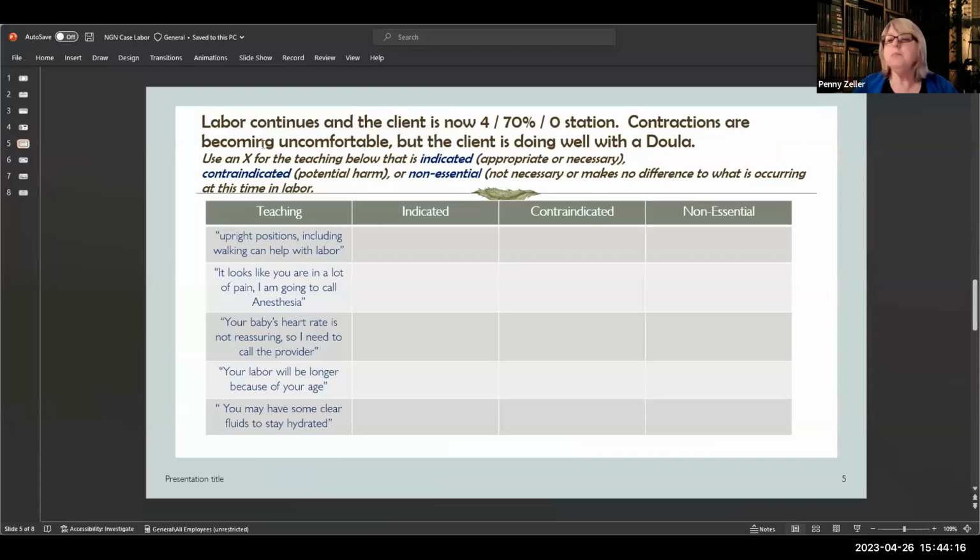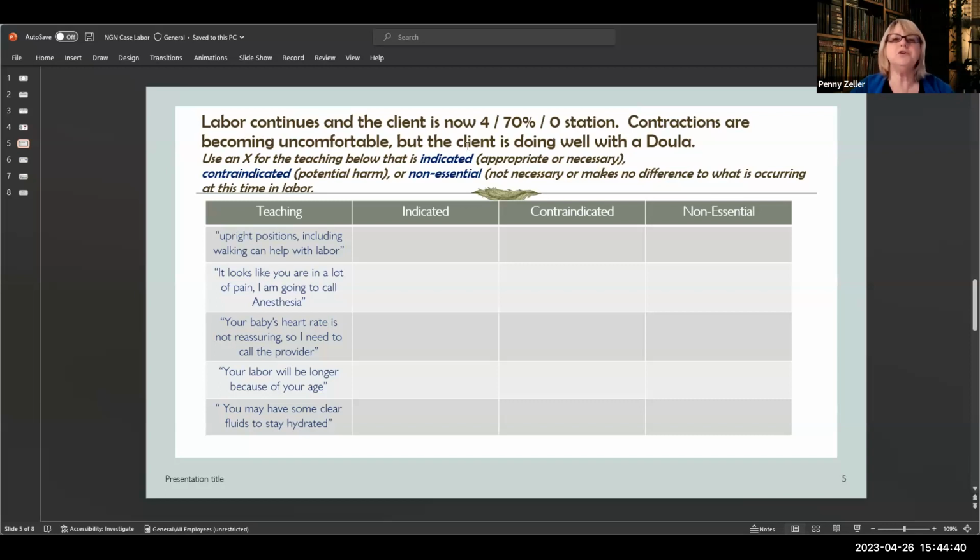Okay, so labor continues, and the client's now 4 centimeters, 70%, and the baby is at 0 station. Contractions are becoming uncomfortable for her. Remember, she wanted to do a natural birth and didn't want any medications. But the client is doing well with a doula.